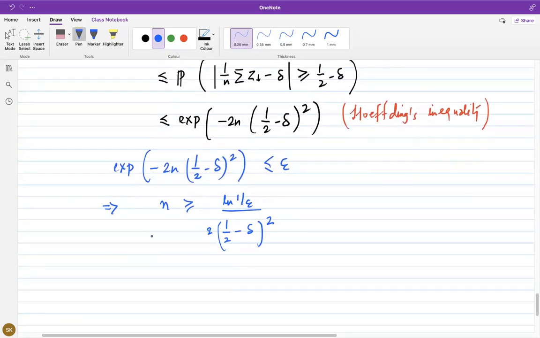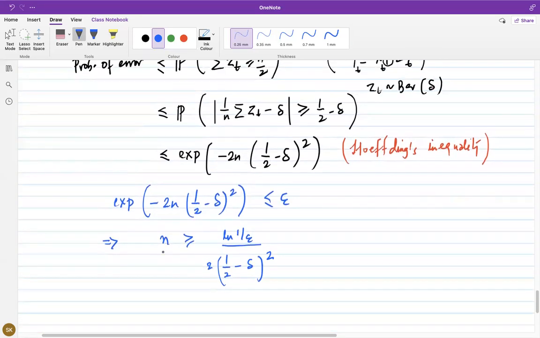So in order to bypass the channel noise, you need to repeat the transmissions n number of times, where n is at least this value.